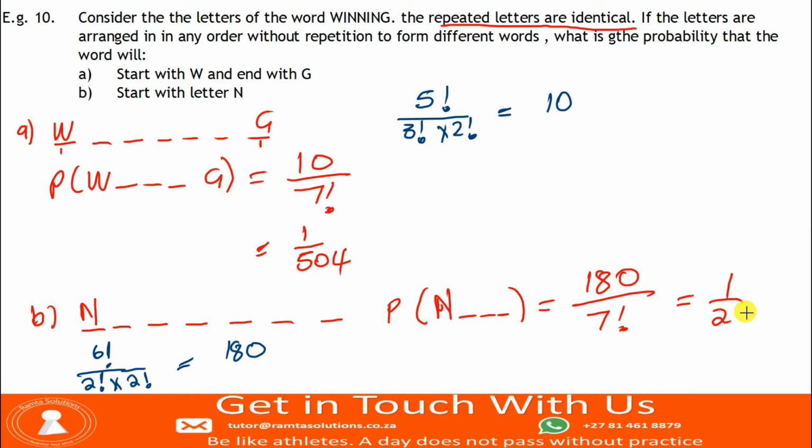So this is the probability that you're starting with N. Pay attention, guys. For this question, it is different to what we did earlier, because it says the letters are arranged in any order without a repetition to form different words. So this is it.